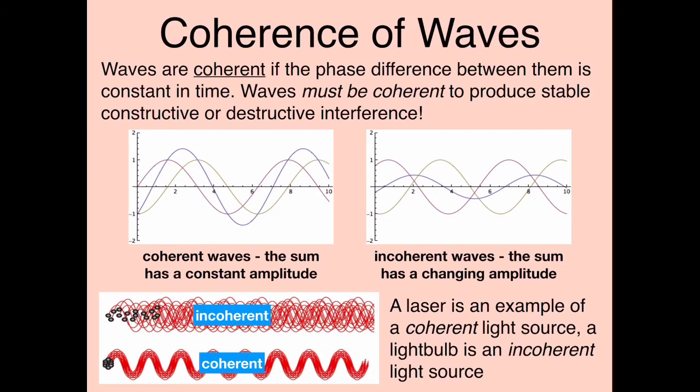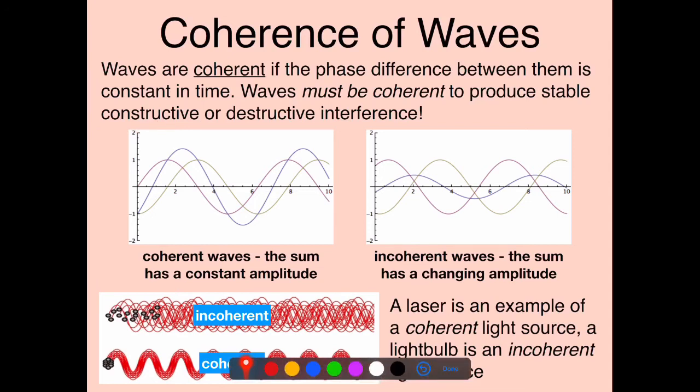Because if they're not coherent, let's say in one moment the phase difference between the waves is pi, and in the next moment it's 2 pi, then you're sort of switching between constructive and destructive interference. If you want just stable interference that doesn't change over time, then you need the phase difference to be the same over time.